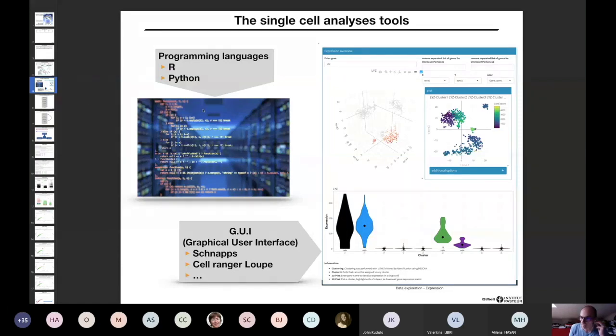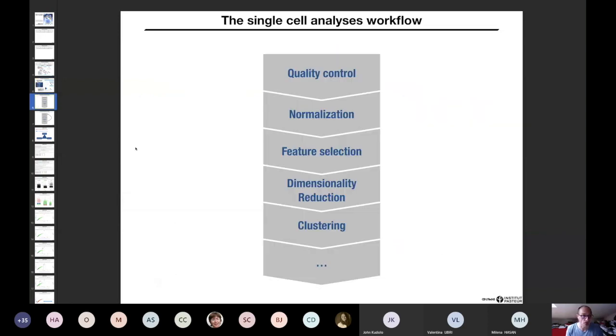So we have different options, either by coding directly or using a graphical user interface. Whichever way you choose, there's a standard workflow that should be followed, and that's the one we're going to see in this basics introduction. Here are the main steps of this workflow.